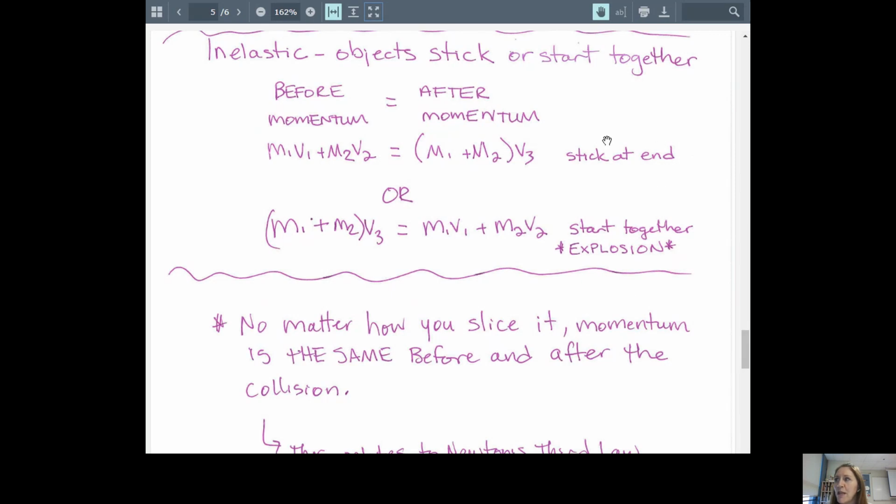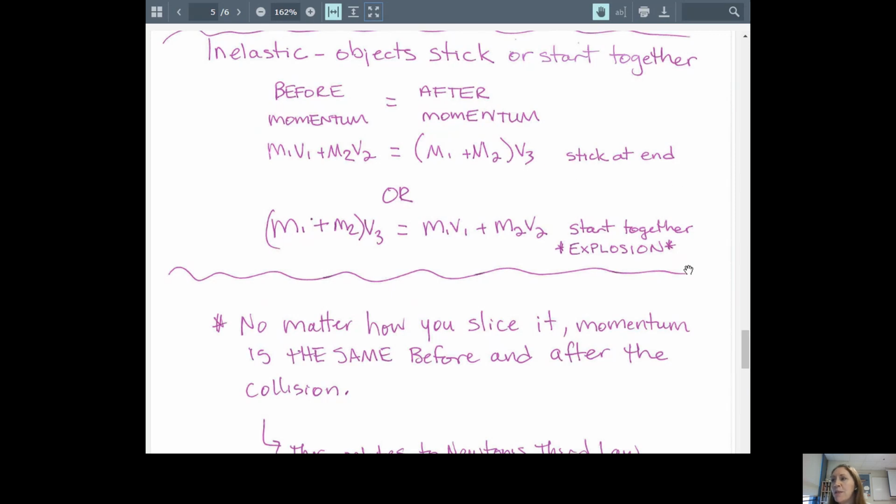So if we have something that sticks together at the end, let's say that you had two trains that were moving together and then they stuck together at the end, then you would use your initial of two different velocities and two different objects, so m1v1 plus m2v2, with the after collision where they have a velocity that is the same together. So that's why I labeled that one v3.